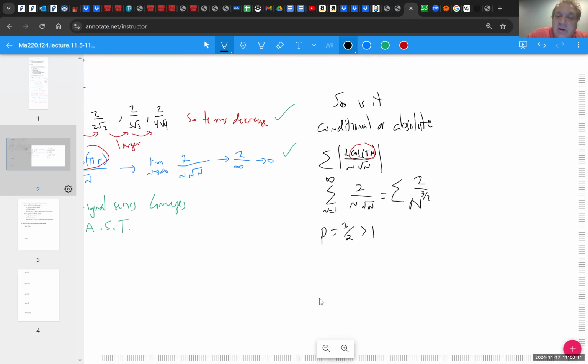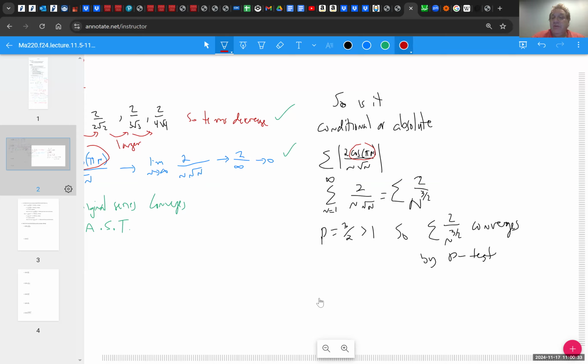P is greater than 1, so this series here converges. And that's by the p-test, p-series test. So we have an alternating series which converges.